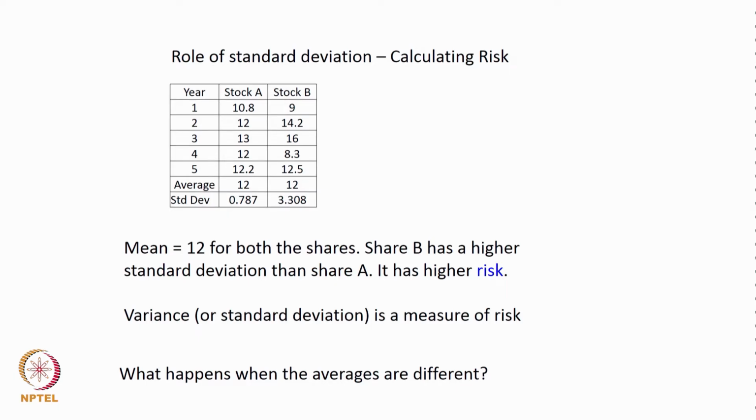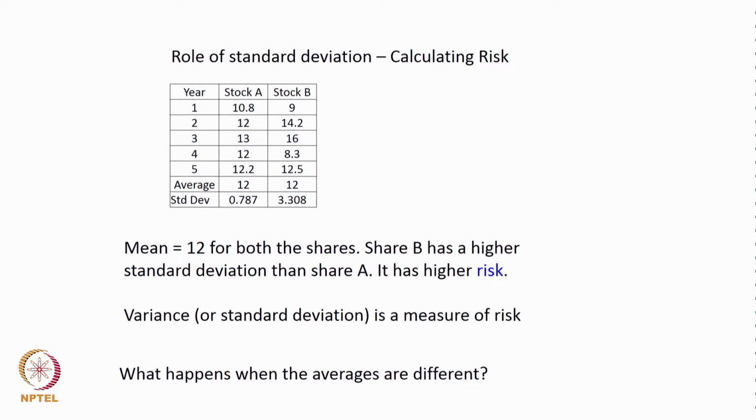So, share B has a higher standard deviation than share A, and therefore, we can conclude that share B or stock B has a higher risk than that of stock A.